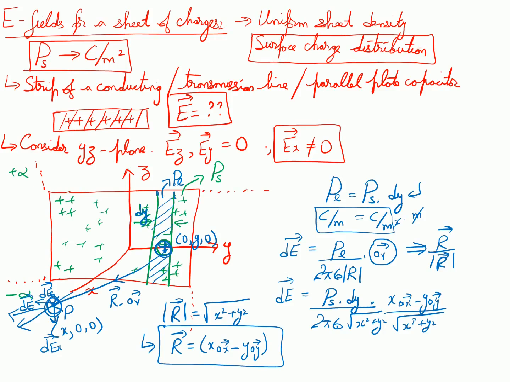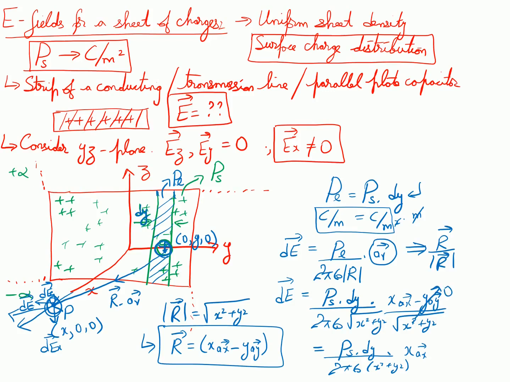If I want, we can simplify the equation as well, such that my final equation comes out to be rho_s dy divided by 2 pi epsilon naught, and since the square root factors combine, it is going to be x square plus y square, and the only unit vector available is along the x-axis, since y becomes equal to 0.